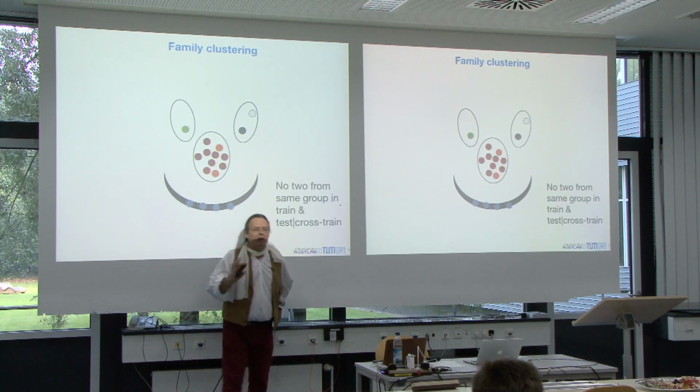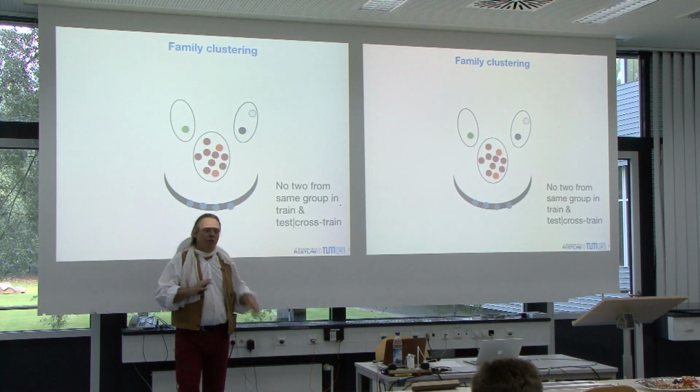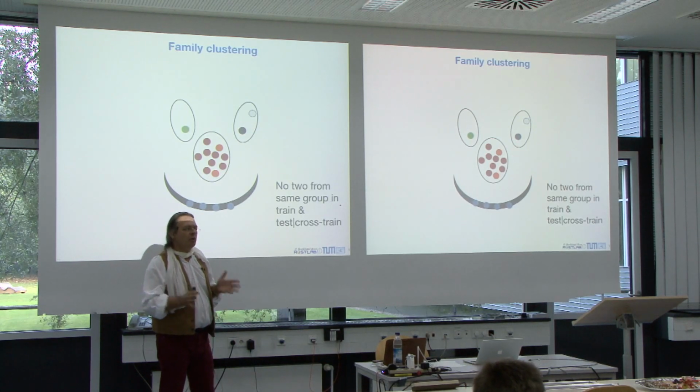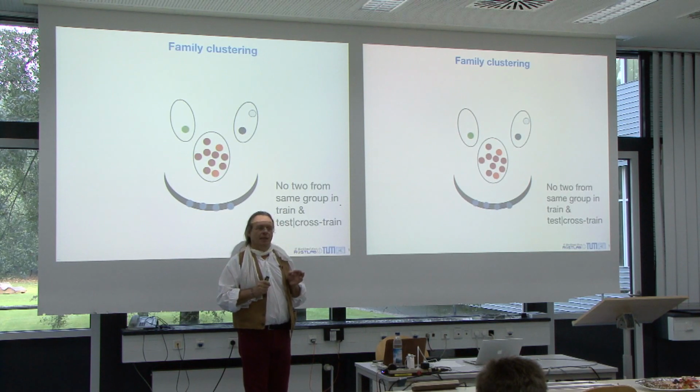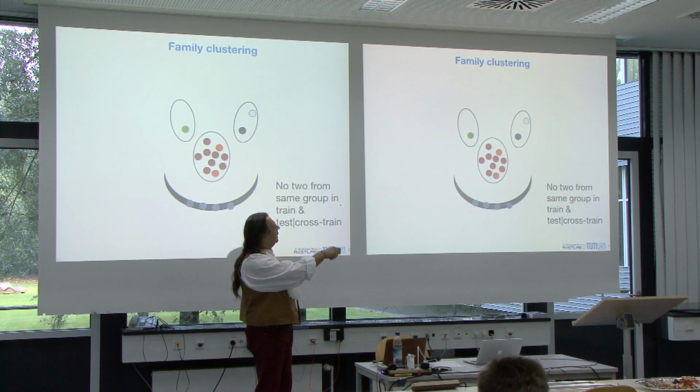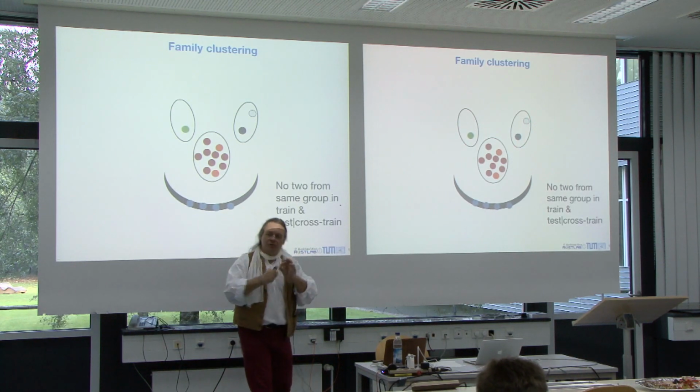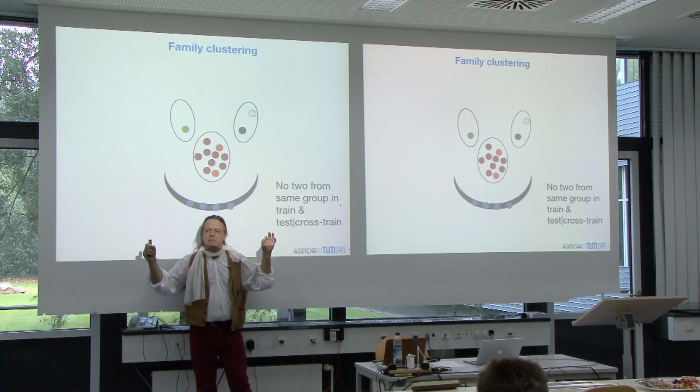Okay, that, however, is also not enough. Biological data is always biased, and there are many good and bad reasons for that. So that means you have to first cluster. And when you go into training, testing, and cross-training, you have to make sure that the sets are independent, so different.